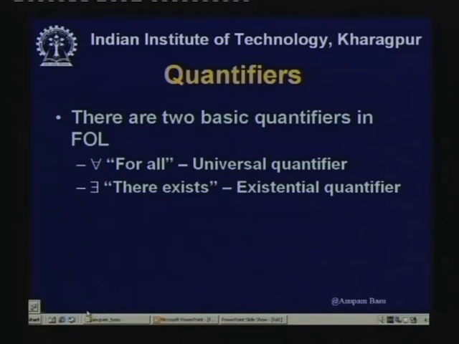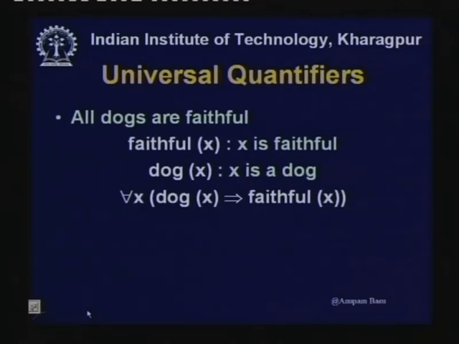So that is the essential difference between the existential quantifier and the universal quantifier. Now, let us look at some more universal quantifiers. All dogs are faithful. I denote x is faithful as faithful x, and x is a dog as dog x.